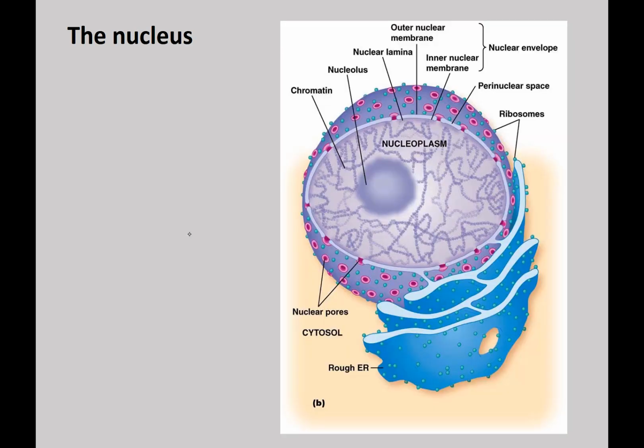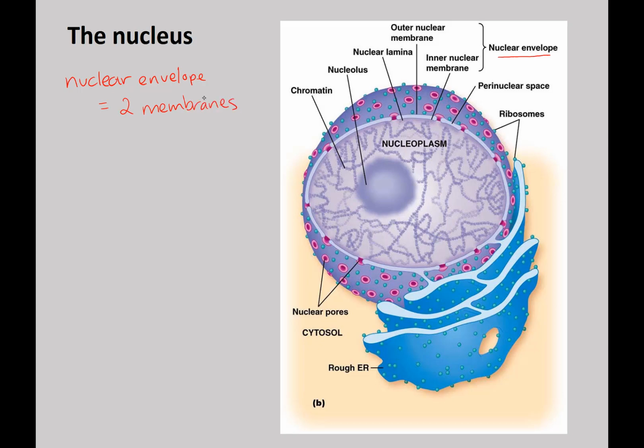All right, so this picture is a schematic showing more information about the structure of the nucleus. So again, what's most important to remember is that the nuclear envelope is made up of two membranes.